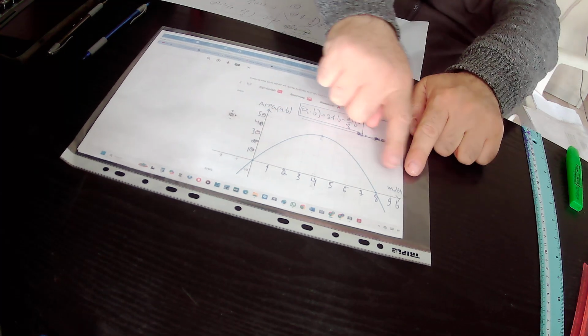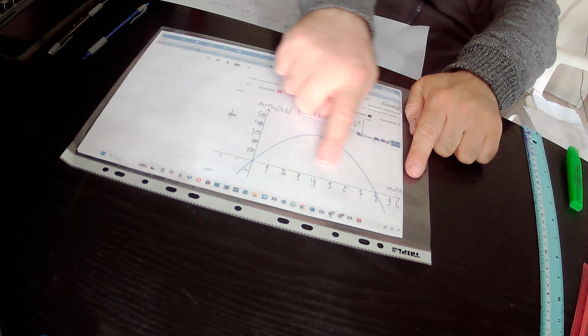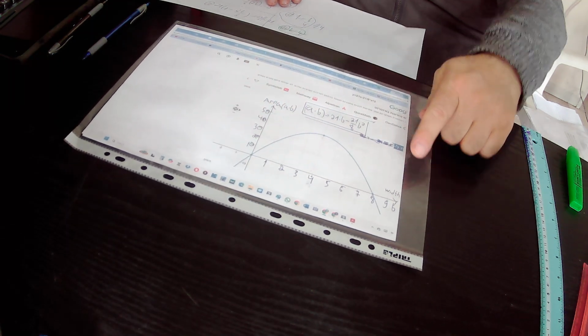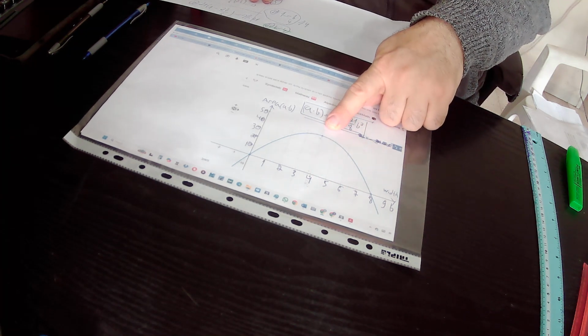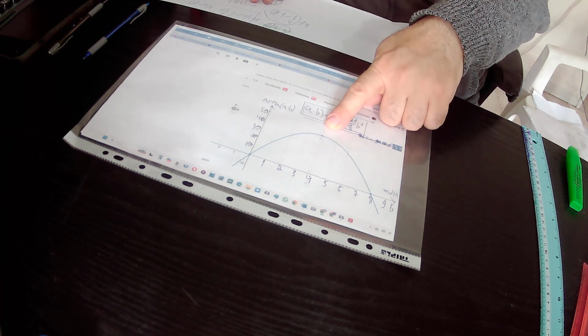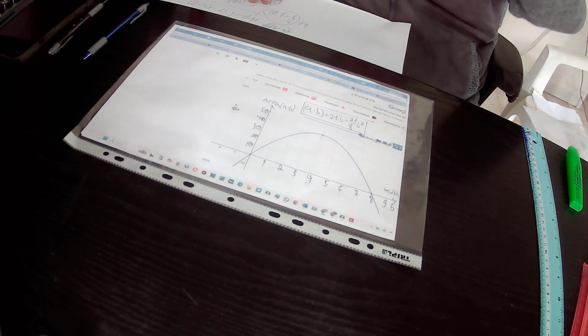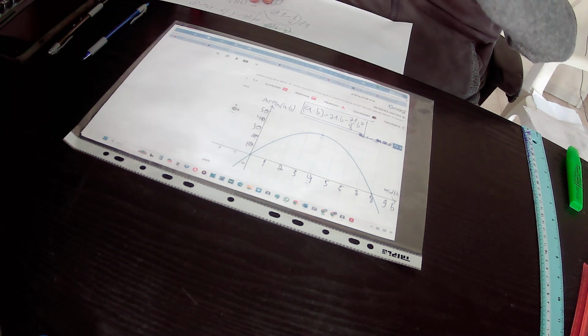In the x-axis we have the value of the width b. It is very easy to see from the graph that when b equals 4, the area is at its maximum value. In this way, we verified that b equals 4 is the maximum extreme point, and not a minimum extreme point.